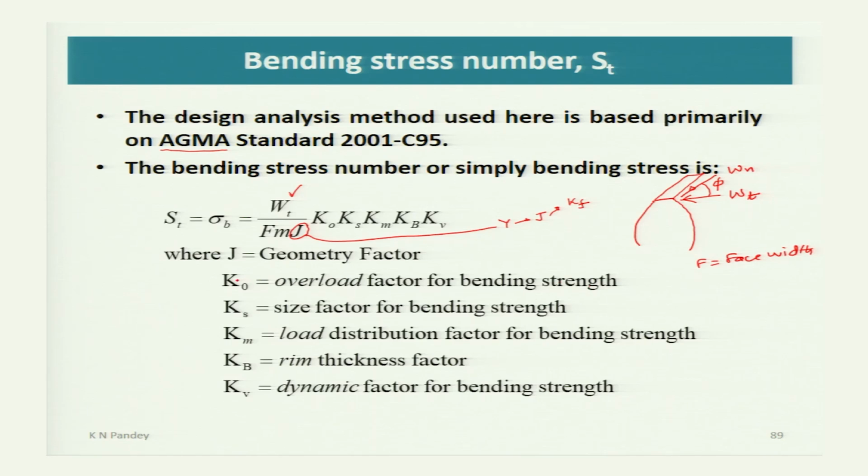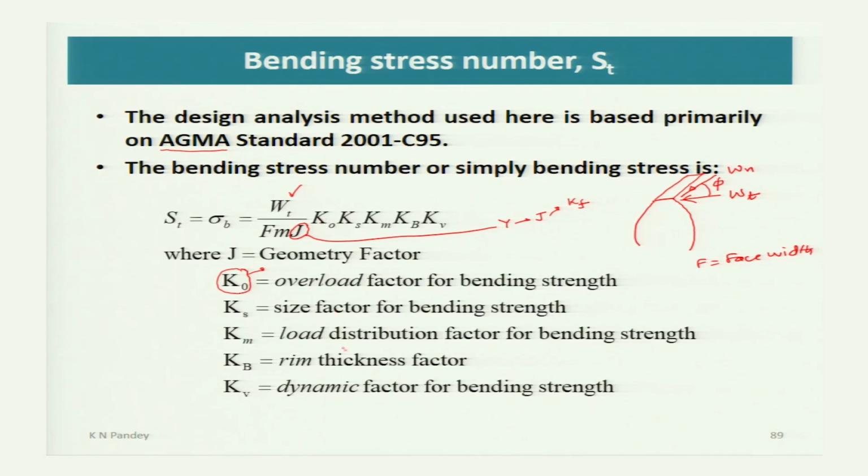That means the load is not static, and due to various reasons Wt will increase by a certain percentage depending on different factors and different applications. So, by including this overload factor, the overload effect is included in the bending equation.